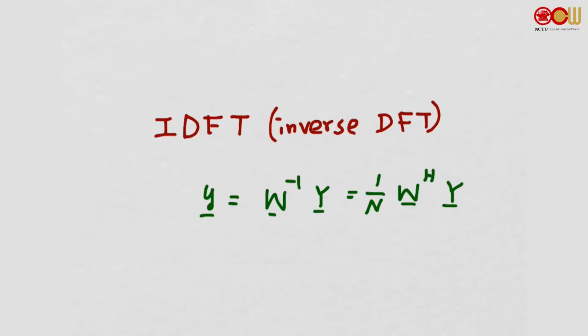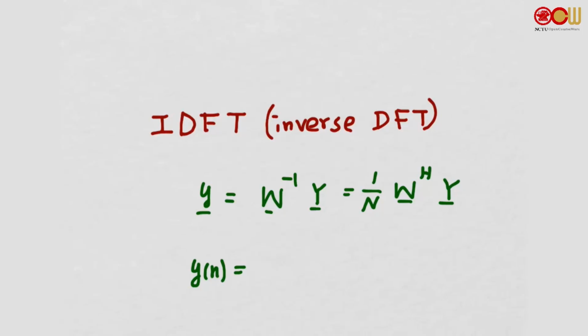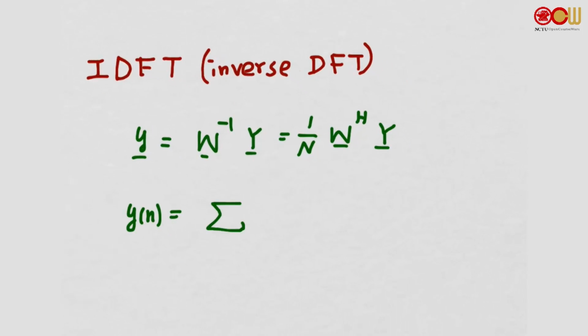Now we can plug in this matrix W Hermitian and write down the details of this equation. The nth element of the small y vector is yn, and if we evaluate the matrix vector product, it would be the W Hermitian nk element and then yk, the kth element of the big Y vector.